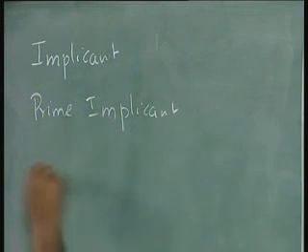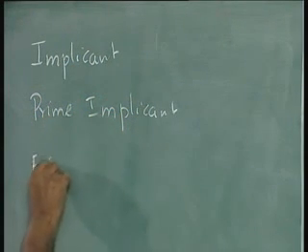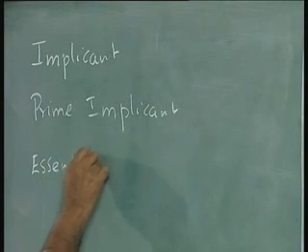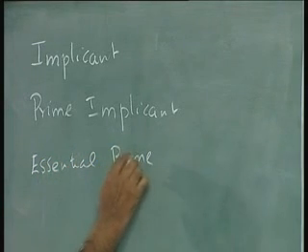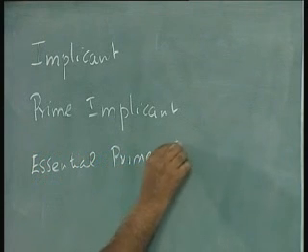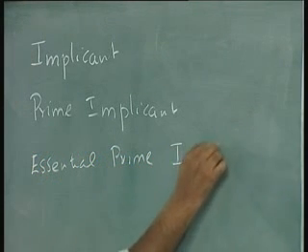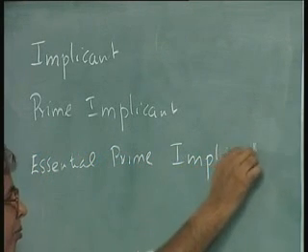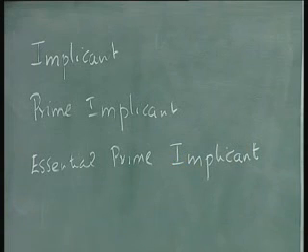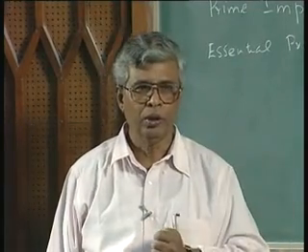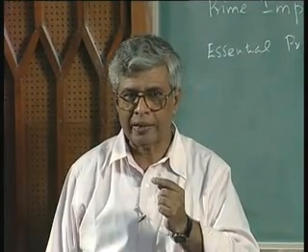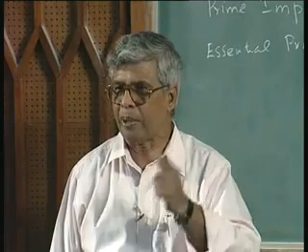In an essential prime implicant, there will be at least one cell which has not been covered in any other prime implicant. There should be at least one cell of assertion true value which has not been included in any other group. Such a prime implicant is called an essential prime implicant.